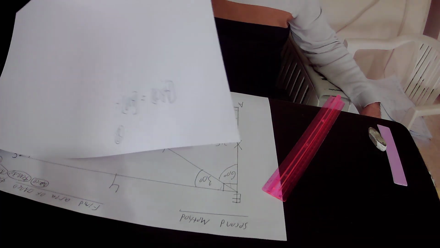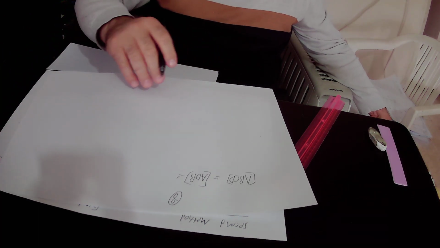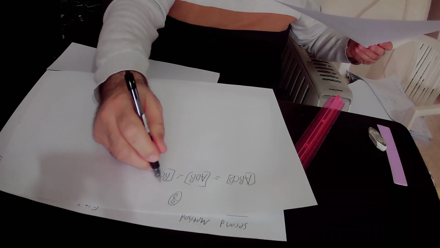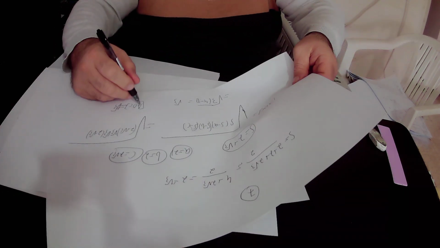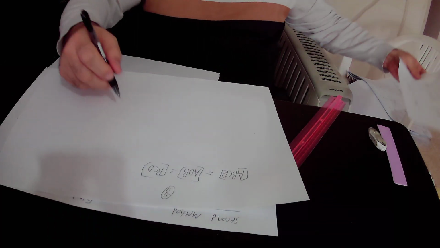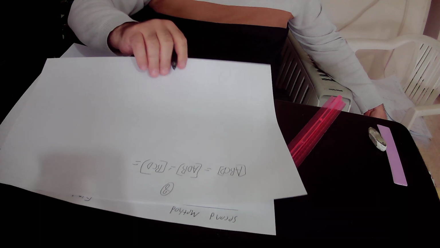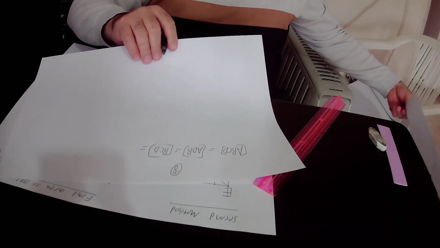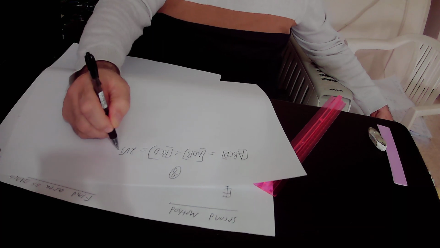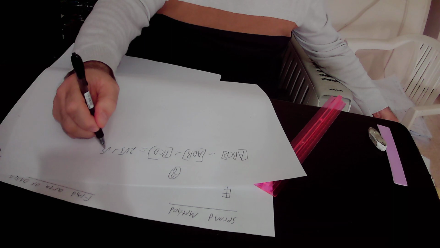The actual triangle is triangle BCD. So the area of triangle ADB is 2 times square root of 3 square units, and the area of triangle BCD is square root of 3 units.